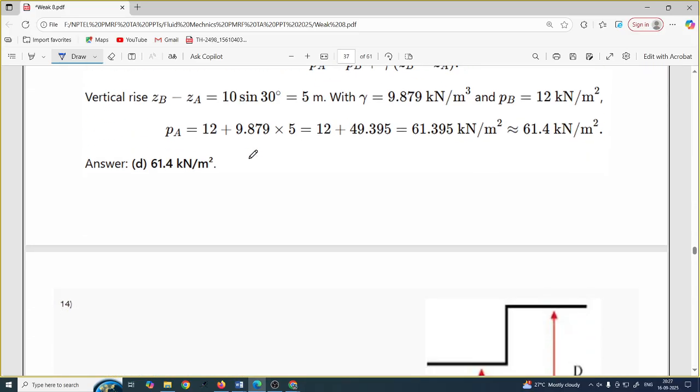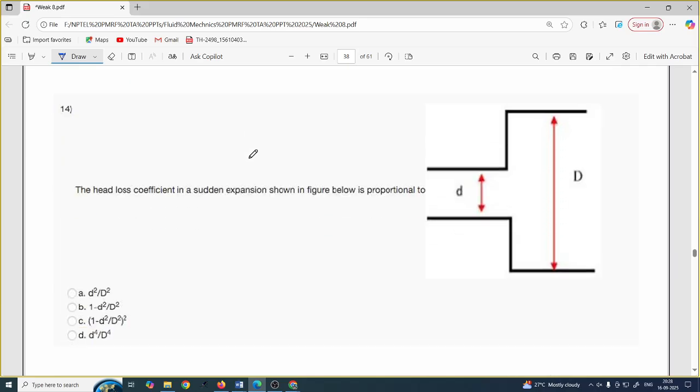Okay, so please remember everything. Now let us discuss question number 14. The head loss coefficient in a sudden expansion shown in the figure below is proportional to which option? Whatever we have discussed earlier, your V square by 2g and some coefficient is there.